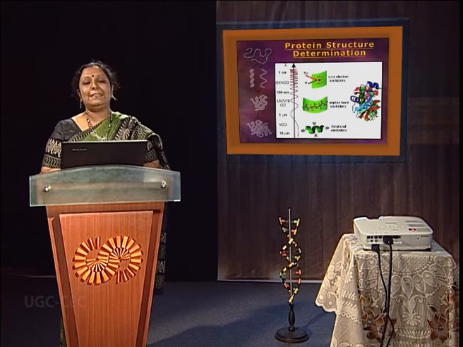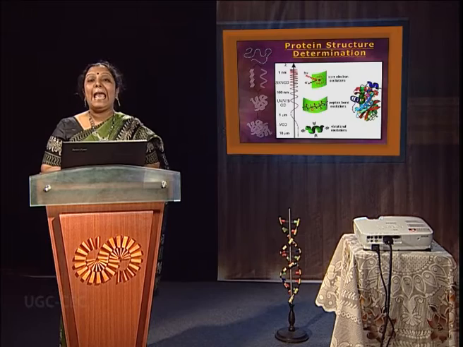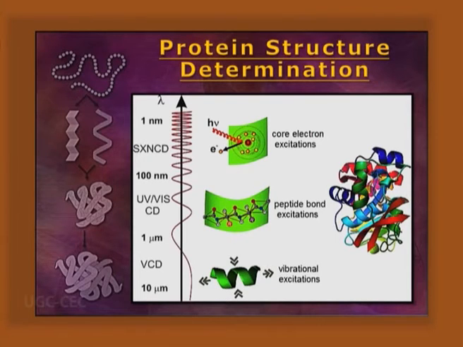Protein structure is determined by NMR study, X-ray crystallography, UV-VCD, by the electronic vibration, and all of the databases are stored for computational purposes by SCOP and CATH databases. They can be aligned, they can be monitored.